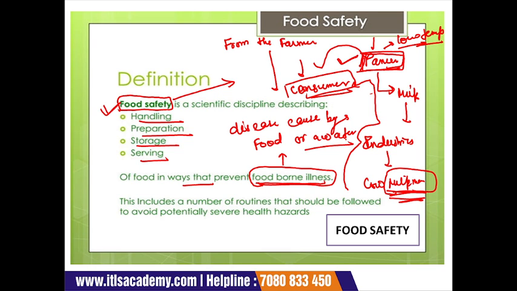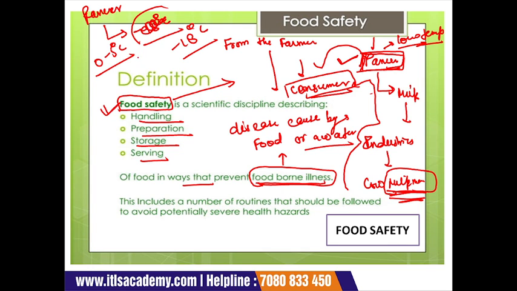Okay, suppose we consume a food like this paneer. We all know that the storage temperature of the paneer will be minus 18 degrees Celsius. Okay, sorry, it is not minus 18 degrees Celsius, it is 0 to 5 degrees Celsius. We hold the paneer at 0 to 5 degrees Celsius or minus 18 degrees Celsius.